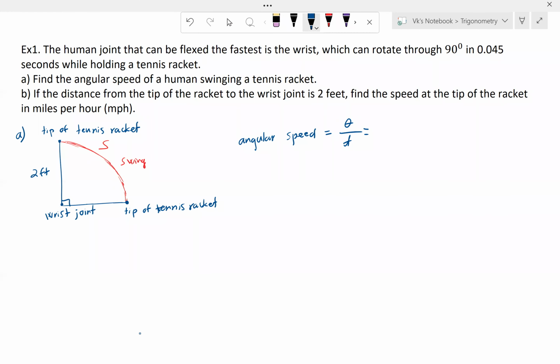We are able to swing a 90-degree angle, 90 degrees is pi over 2, in 0.045 seconds. And this will give us 34.9 radians per second, which is pretty fast.